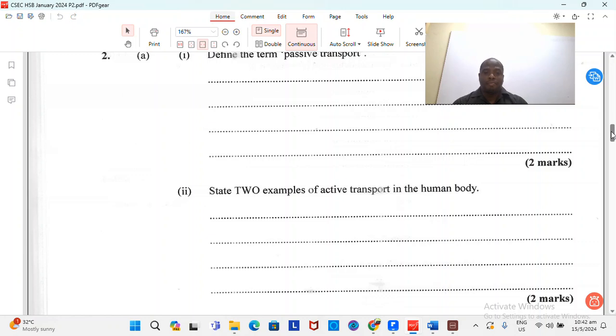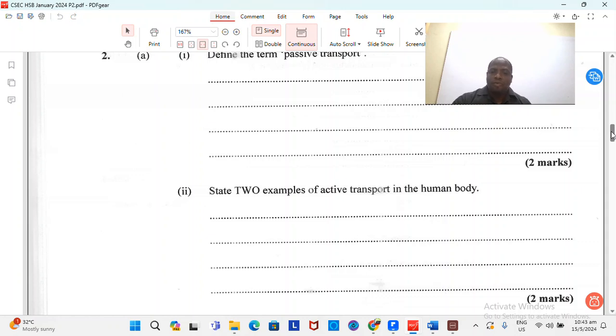The other example also happens in the human body, in our kidneys, the nephron. Now, while we create the urine, the urine is a filtrate, and when you have different parts of the nephron assisting, we have a concept known as reabsorption or selective reabsorption.